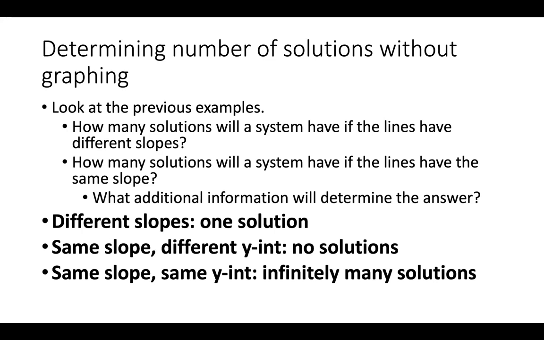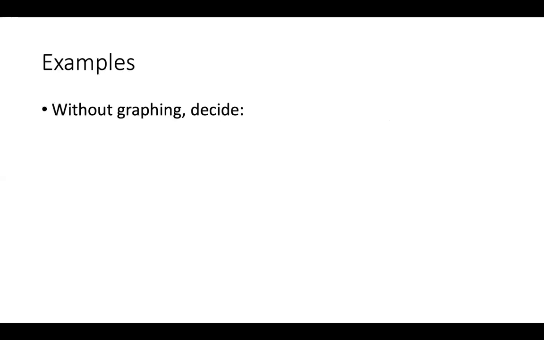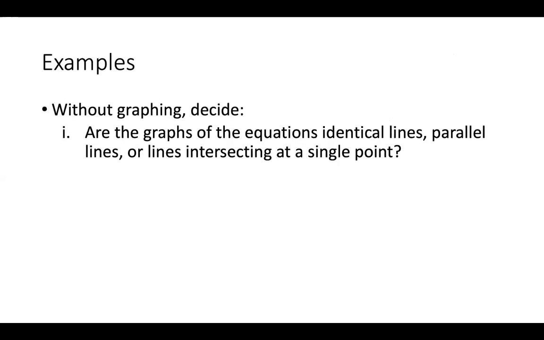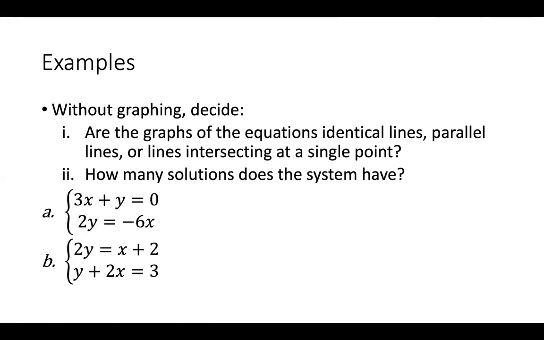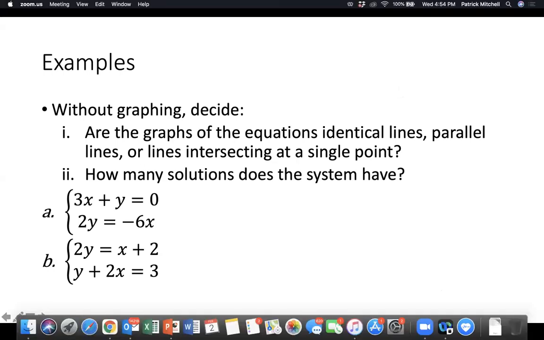Okay. So the last thing I'm going to show you is that if the only thing you need to know is how many solutions does the system have, then you don't have to graph the lines. You can just look at the slopes and possibly at the y-intercepts. So we'll go back to the tablet, we'll do this example, and that'll do it for this section.